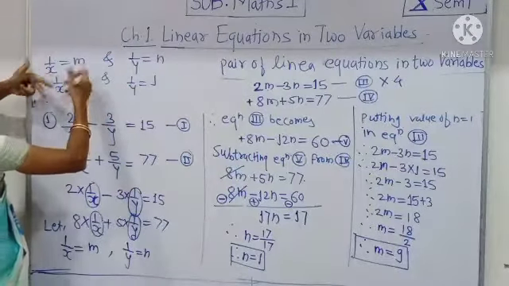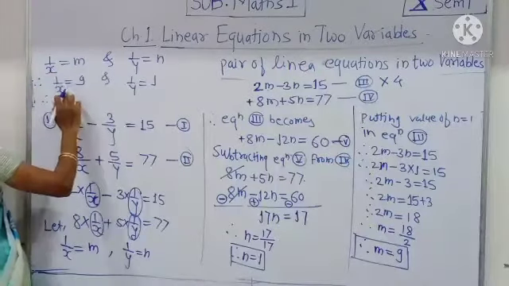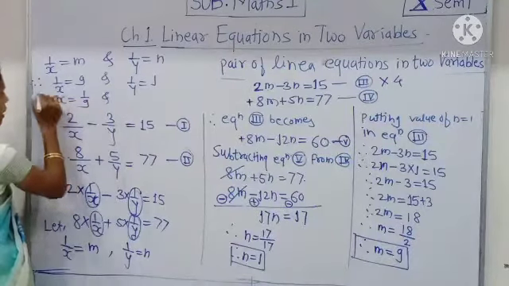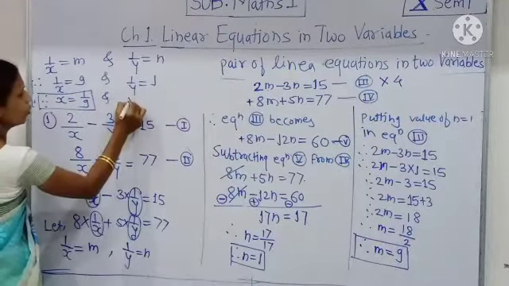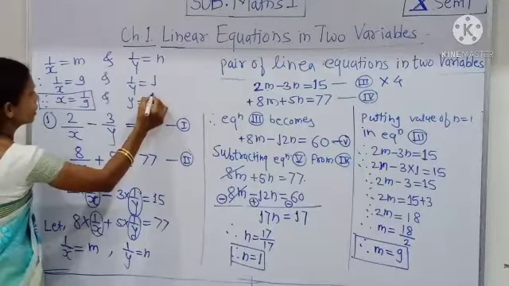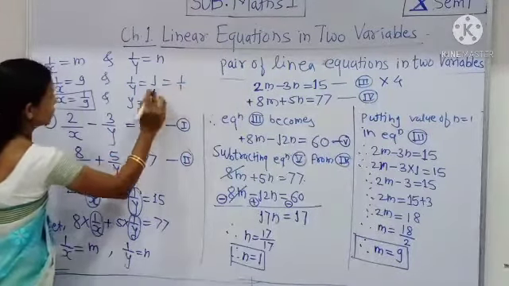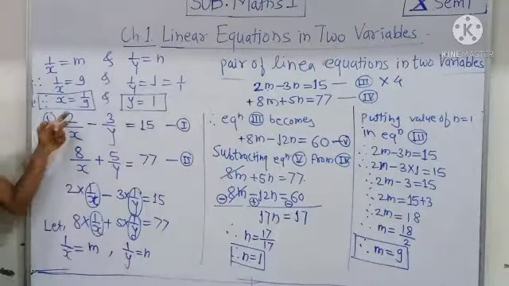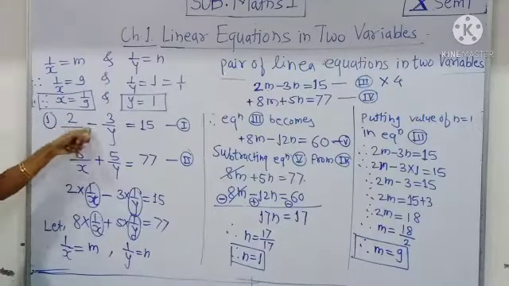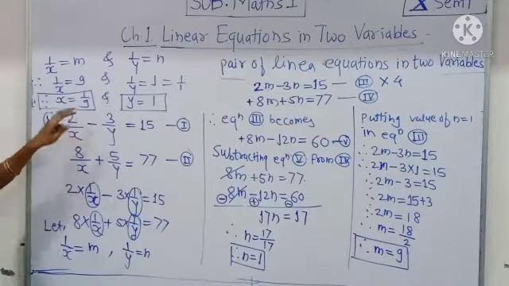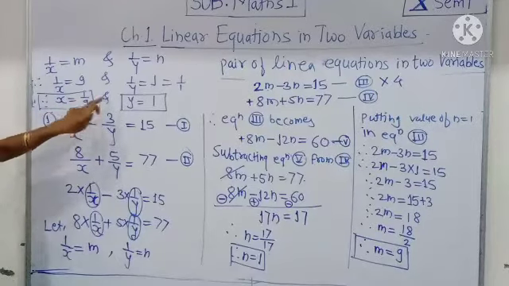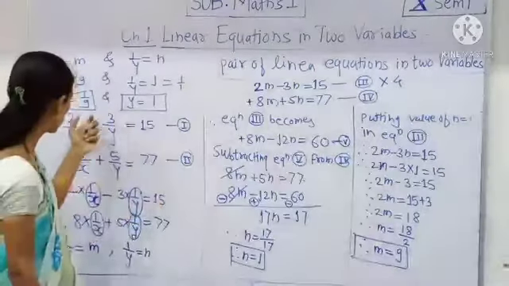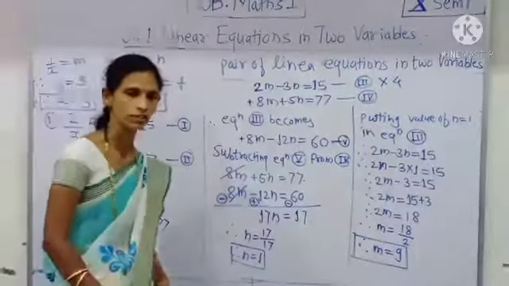Therefore, reversing both sides, we get x is equal to 1 upon 9, and y is equal to 1 upon 1, reversing which we get 1. That is the solution of the given simultaneous equations, that is x is equal to 1 upon 9 and y is equal to 1. That is, 1 upon 9 and 1 are the roots of the given equations.